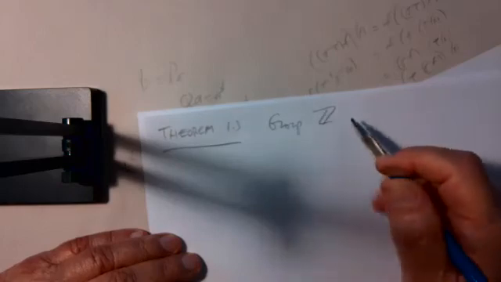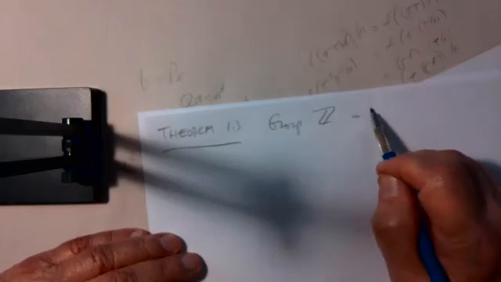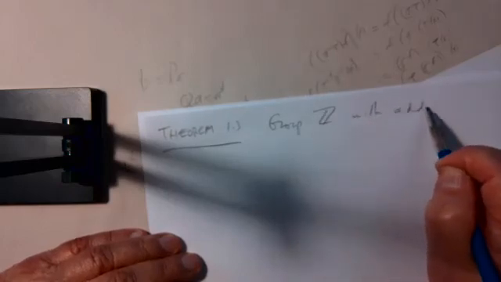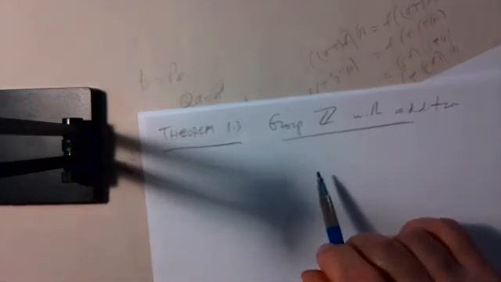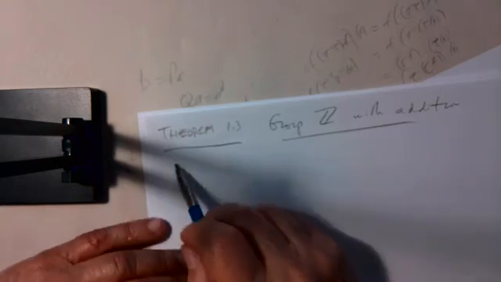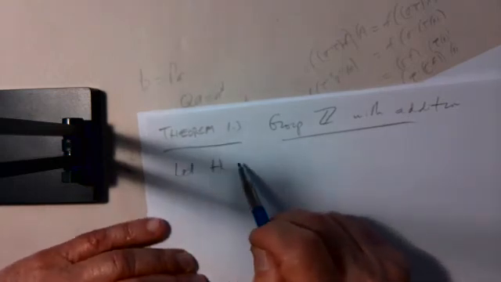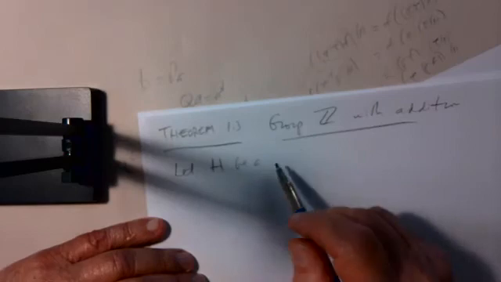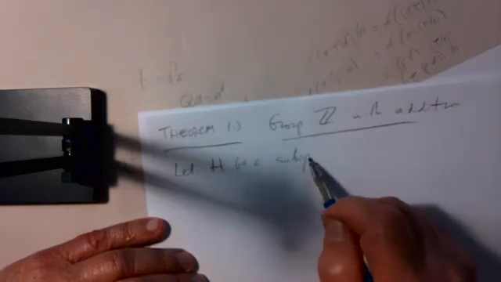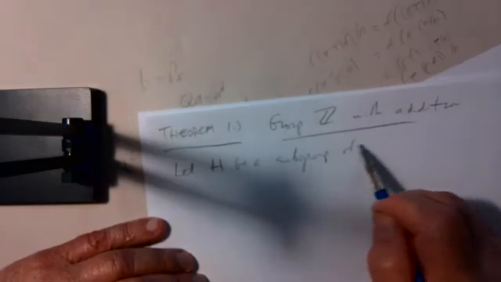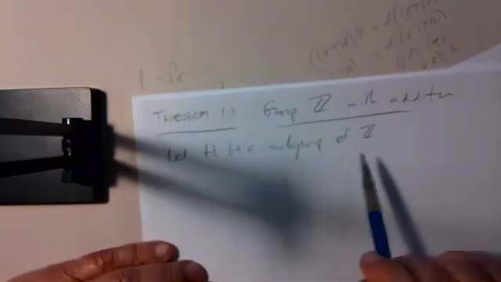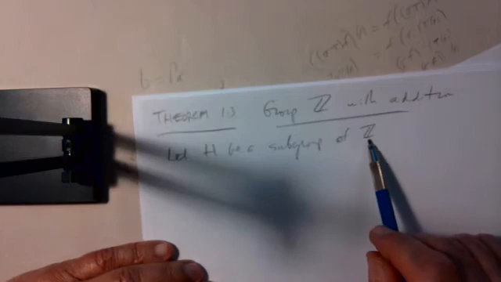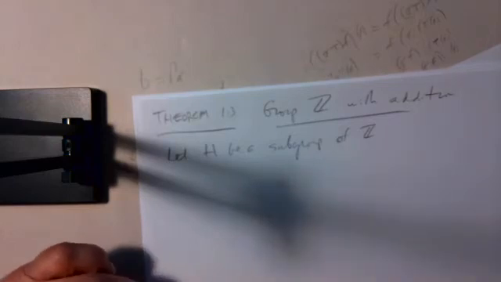We have the group Z of integers with the binary operation of addition. Let H be a subgroup of Z. So H is a subset of Z that contains 0 and is closed under addition and subtraction.